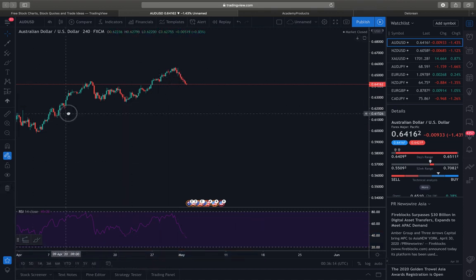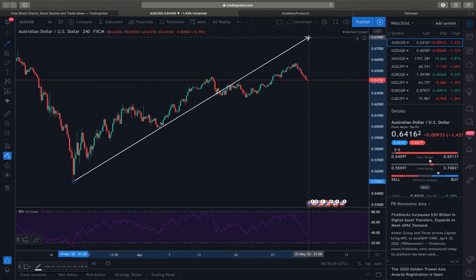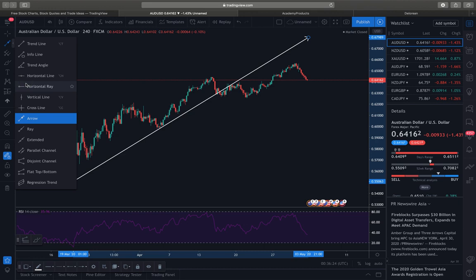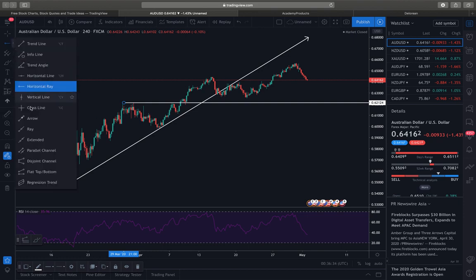But again, on all of these trades, you have to watch these areas. We could go to this trend line, same trade example. Draw the trend line, follow the same points.